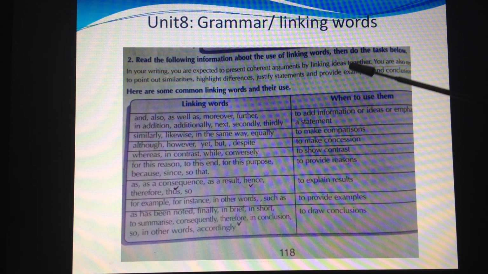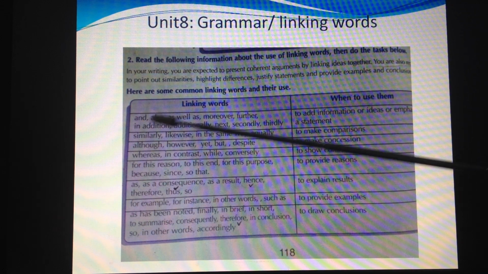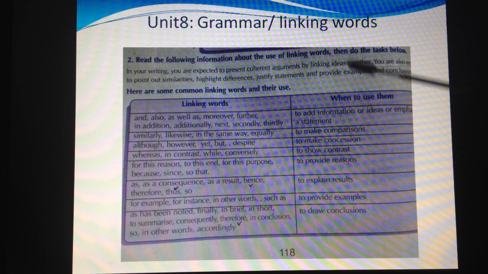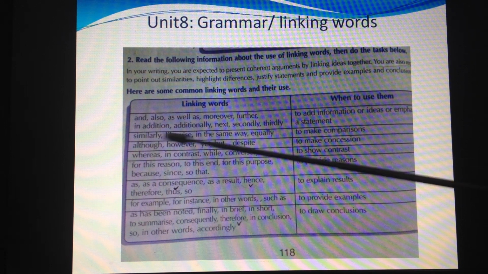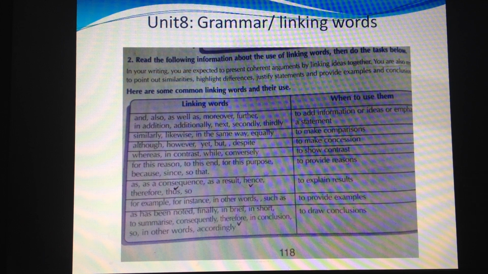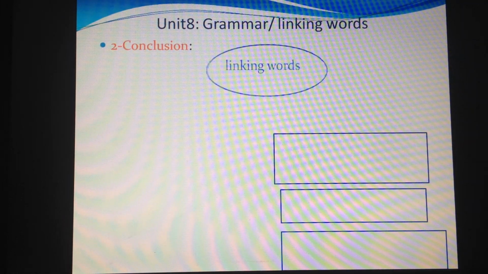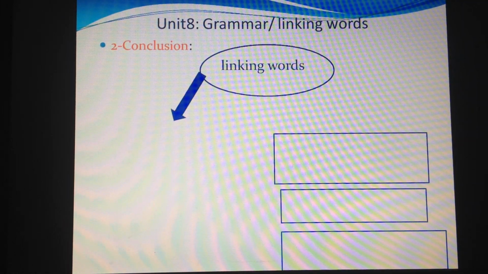You need them to link ideas, to explain, to justify, to talk about cause and effect, and etc. So take your time, read these examples. These are the linking words and these are the function. What do we use them for? Okay? Notice that each cluster, each group is put together, which means these are synonyms. Okay? Good.